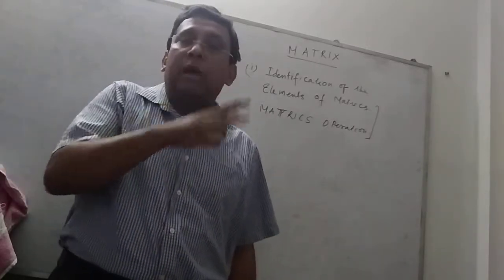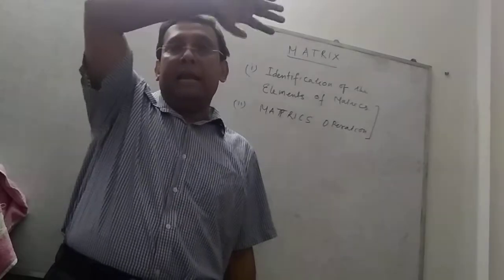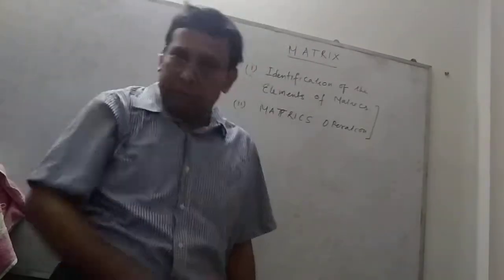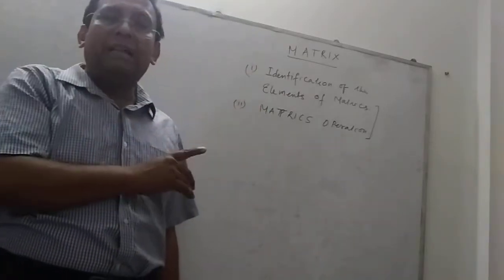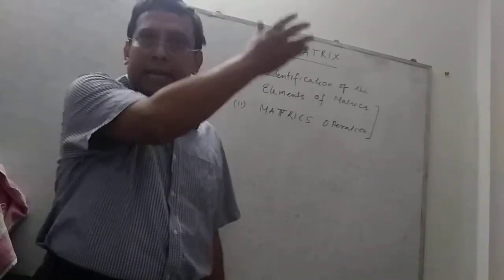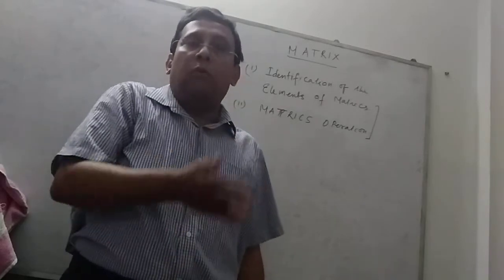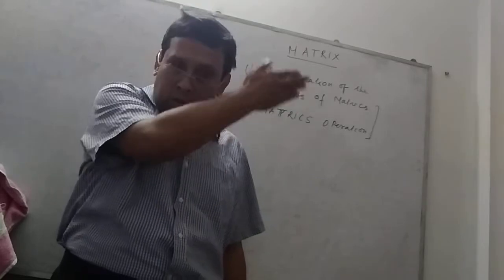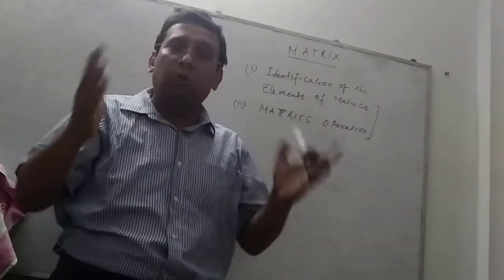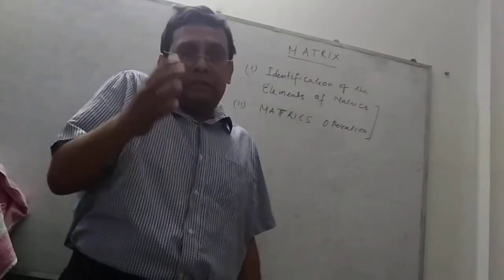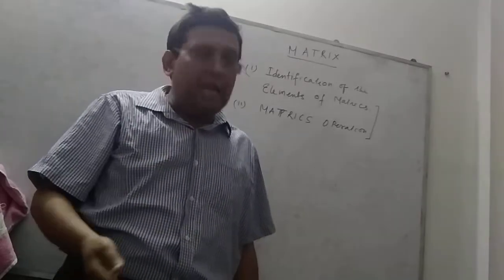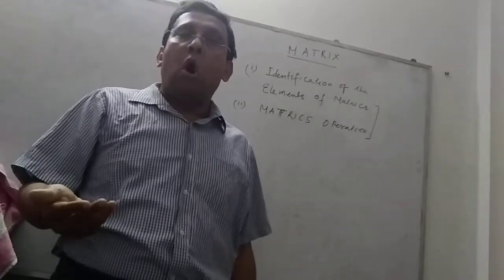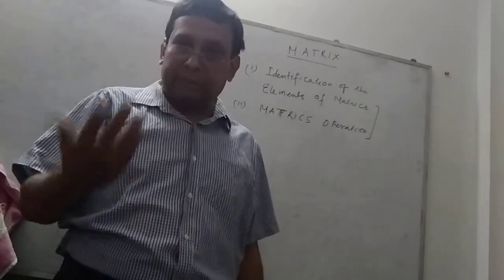Whatever tables we are doing, you know there is a heading along the rows, and there is also a heading along the columns. Without writing this heading, if it is understood what is along the rows or along the columns, we can say that it is a matrix. Generally, it's an alternate presentation of a table or a tabular presentation.